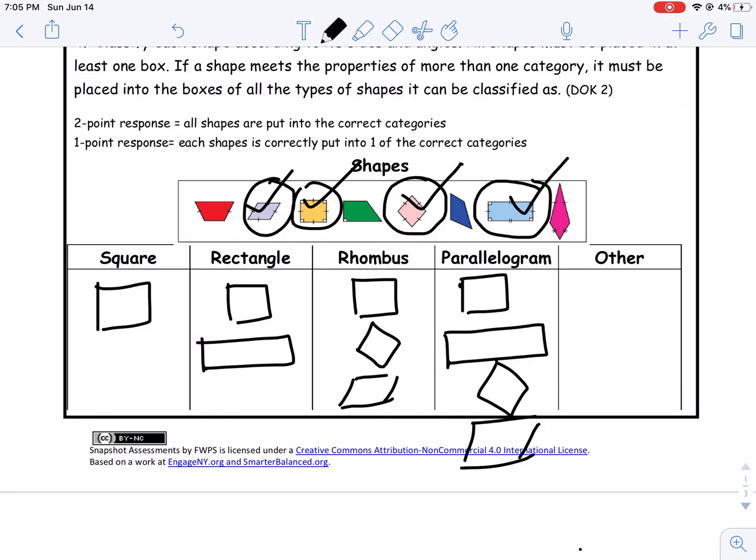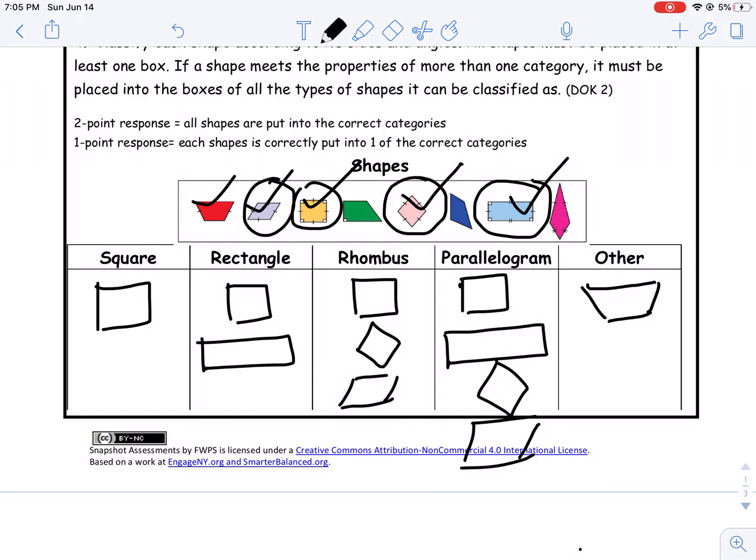This is a trapezoid. Is it considered a square, rectangle, rhombus, or parallelogram? It is not, because it doesn't have 2 sets of parallel lines, it doesn't have equal sides, and it doesn't have 4 right angles, so it goes over in that other category. This one right here is a 4-sided shape, so it's a quadrilateral.